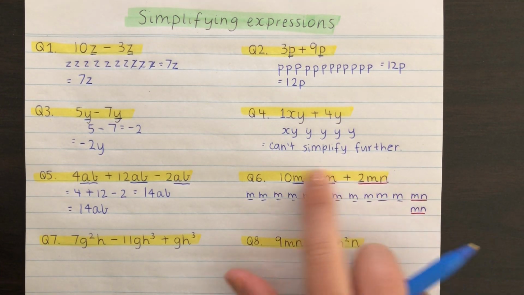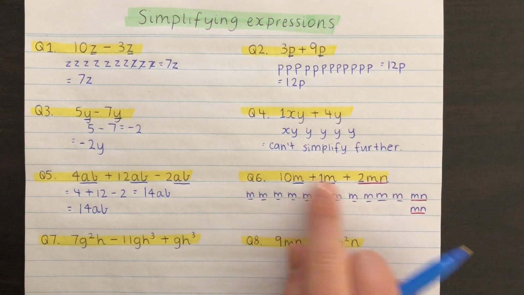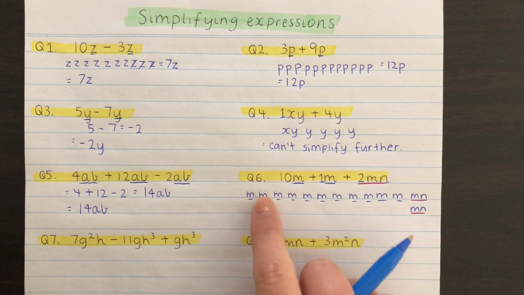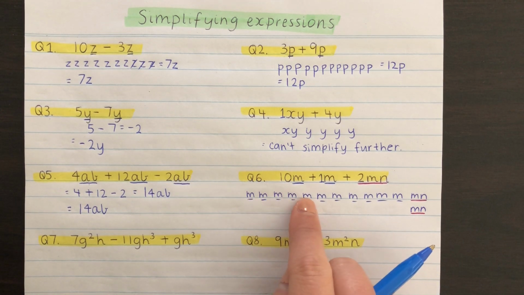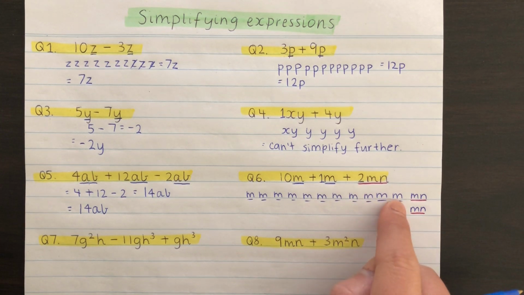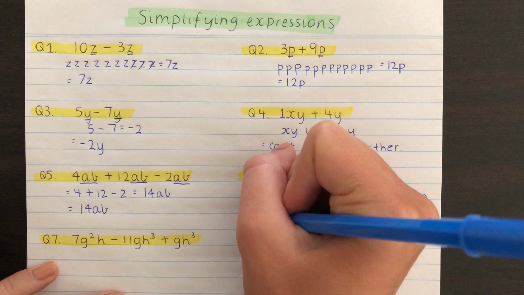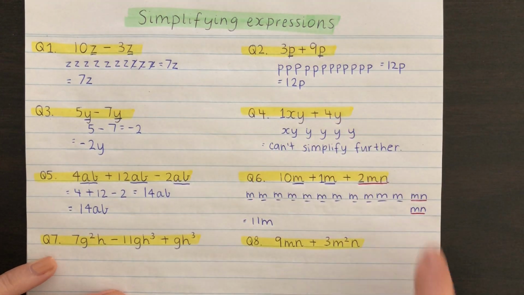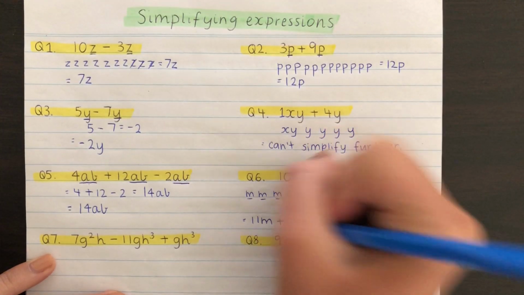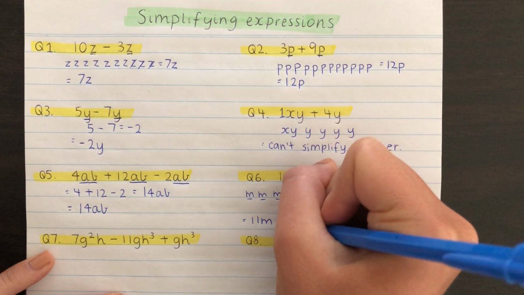So if we had to add these all together, we have how many blue M's? 1, 2, 3, 4, 5, 6, 7, 8, 9, 10, 11. So we have 11 M's plus 2 MNs.